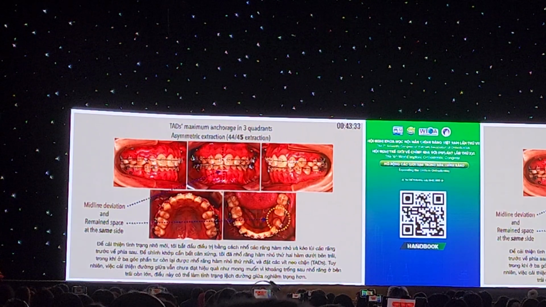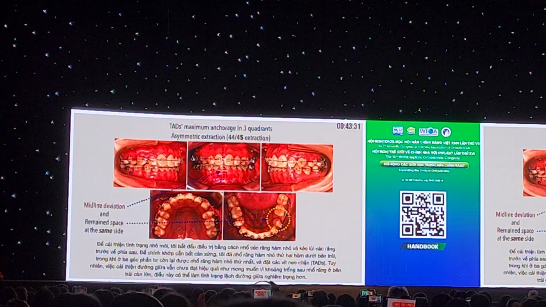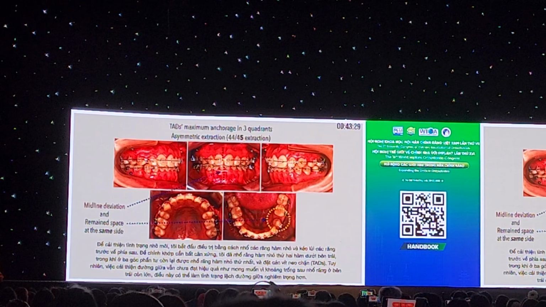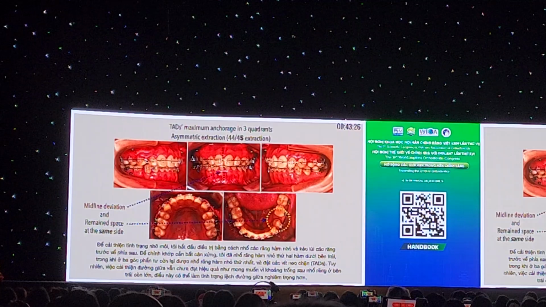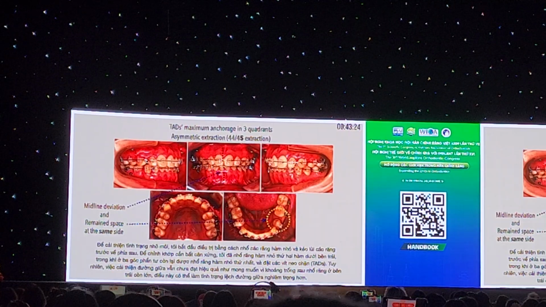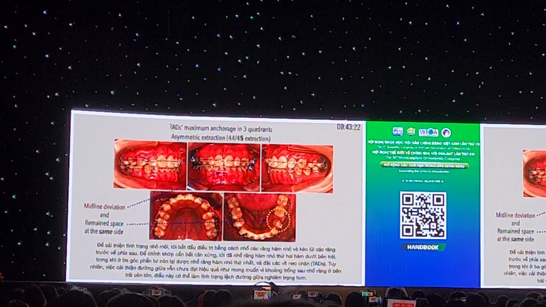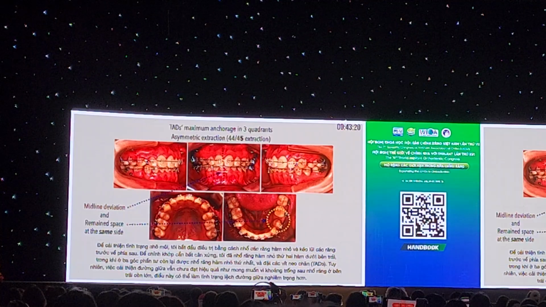Despite these efforts, the midline improvement remained slow, as there was a substantial extraction space on the left, which could exacerbate midline deviation.